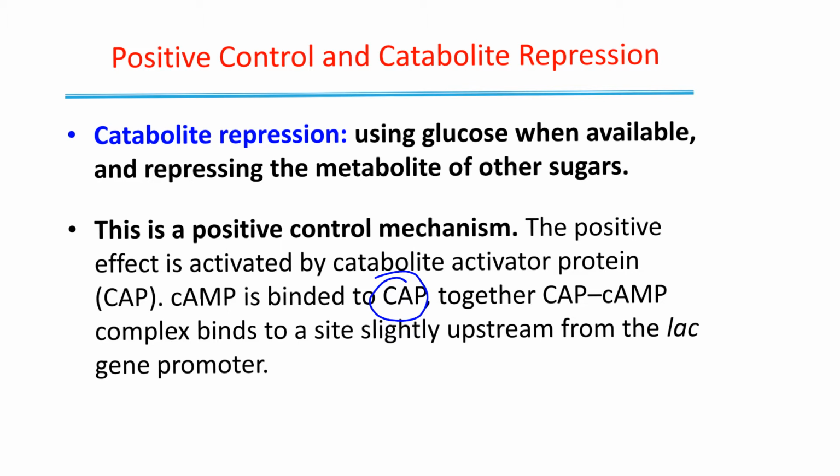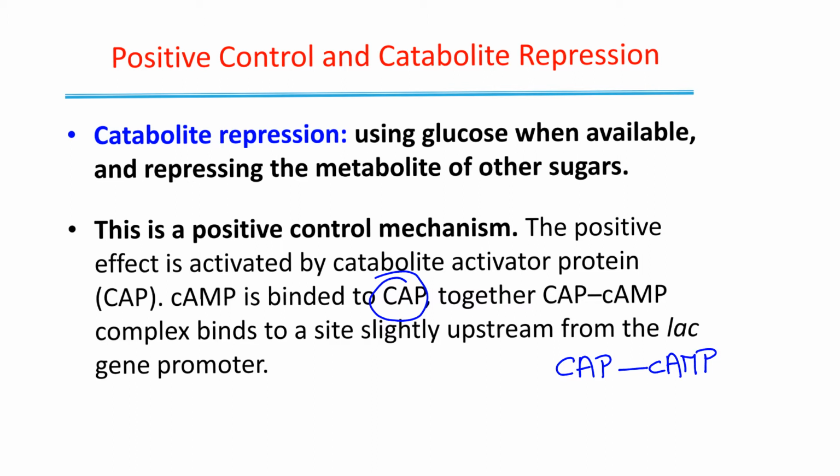Now, how does this relate to glucose and catabolite repression? So, CAP can bind to the promoter only if it's coupled to cyclic AMP. Only the cyclic AMP-CAP complex can bind to the promoter.